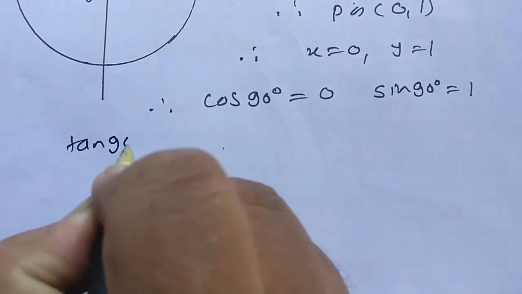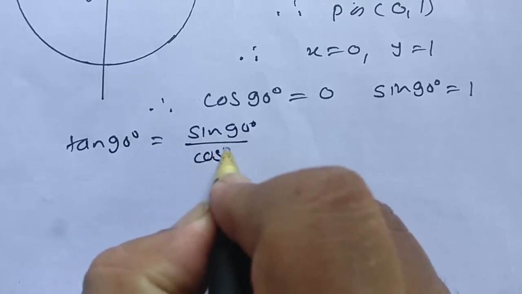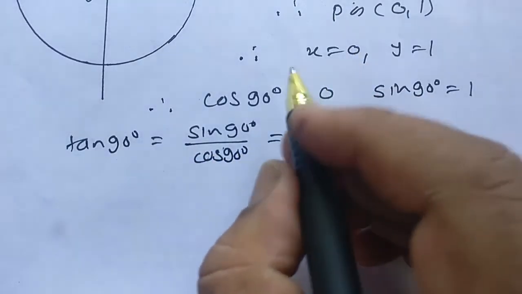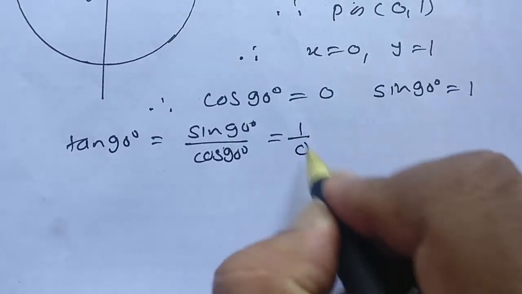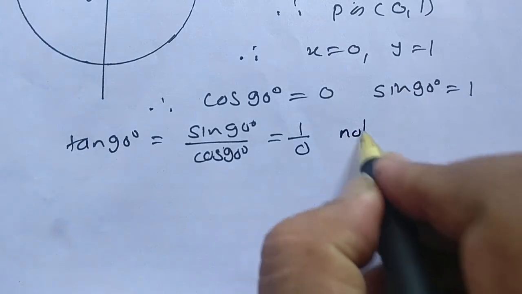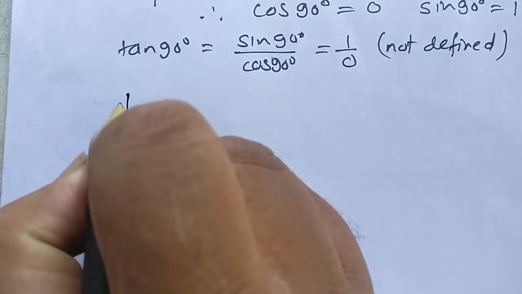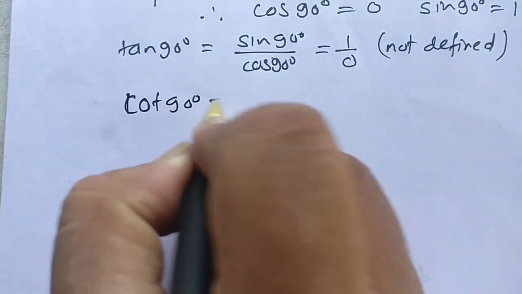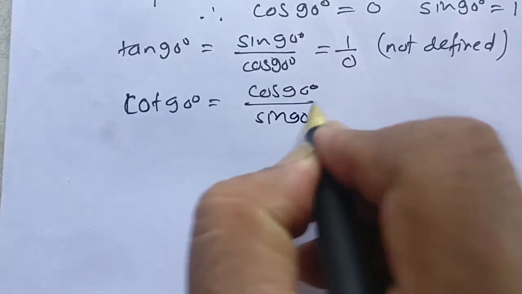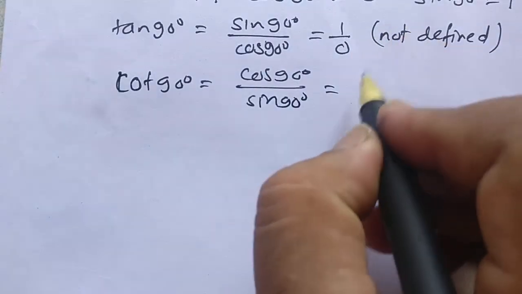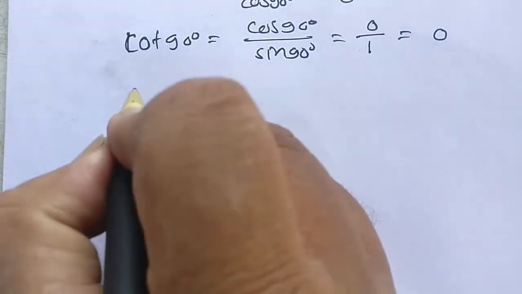That is, tan of 90 degree is sin 90 degree upon cos 90 degree. Therefore, sin 90 is 1, cos 90 is 0. 1 upon 0 is not defined. Cot of 90 degree is cos 90 degree upon sin 90 degree. Cos 90 is 0, sin 90 is 1, so it is 0.